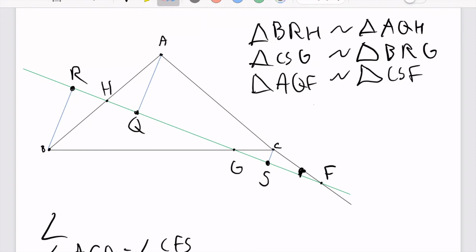Now all that's left is to put it together. The first thing I'm going to do is give names to some lengths.